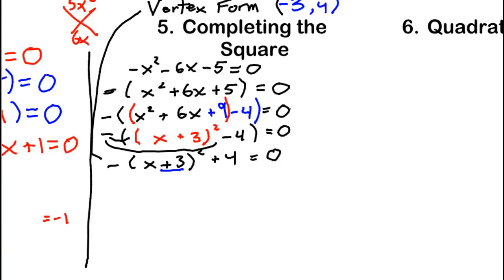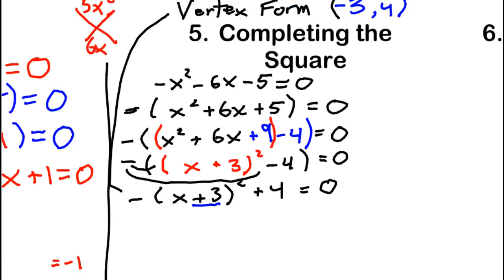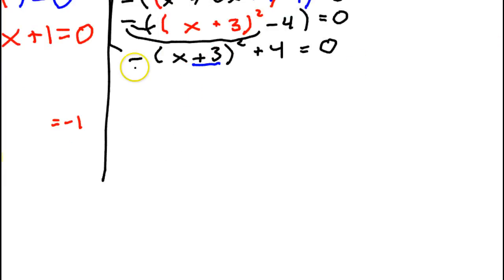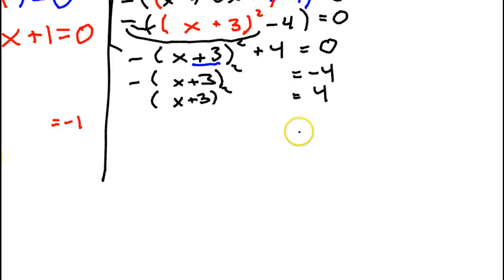Okay, let's solve it now. So I'm going to subtract 4 on both sides. So I got equal negative 4. I'm going to divide by negative and get positive 4 over here. Then I'm going to do the square root of both sides. So I get two equations.